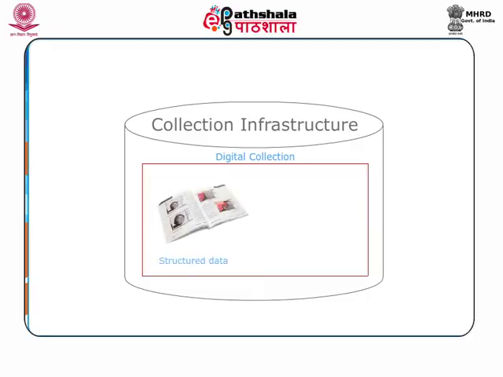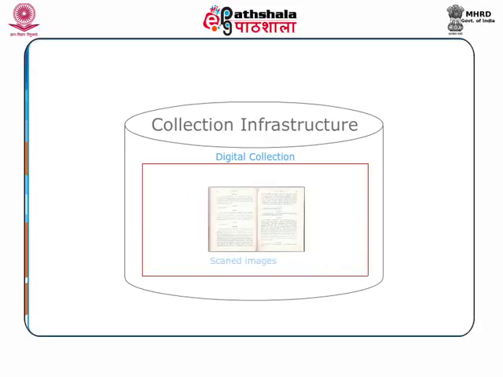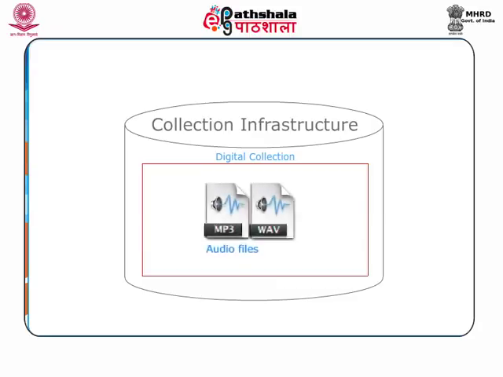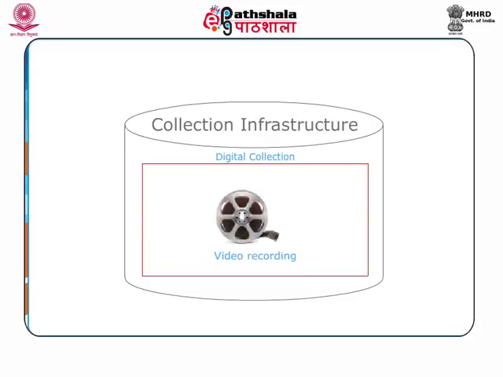Collection of a digital library, depending on the media type it contains, may include a combination of structured, unstructured text, numerical data, scanned images, graphics, audio and video recordings and other multimedia content.